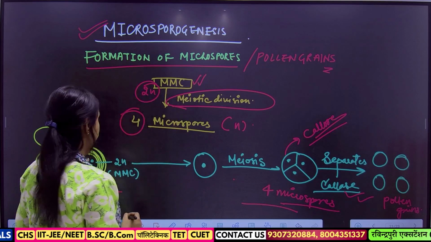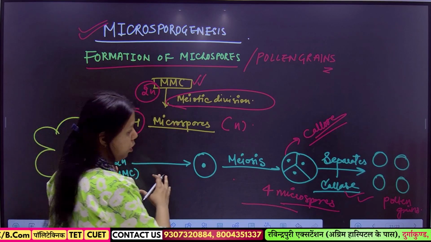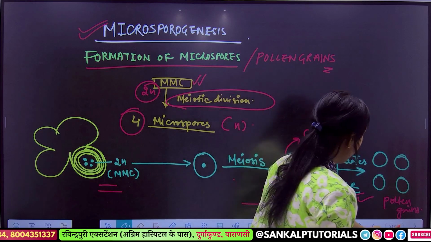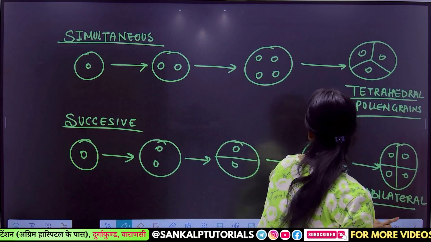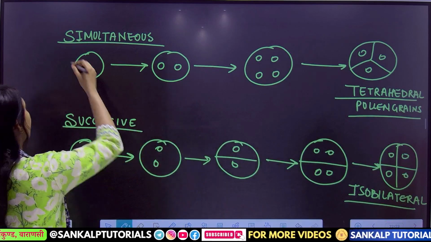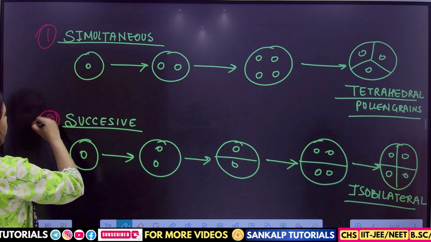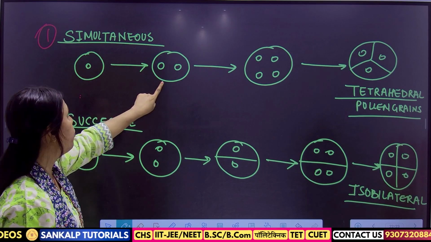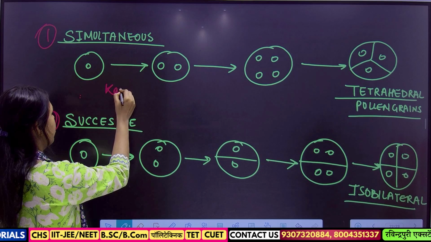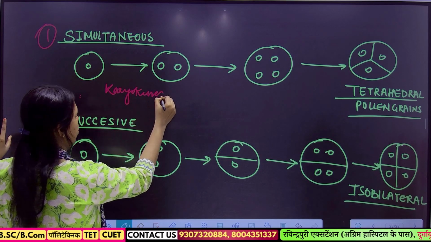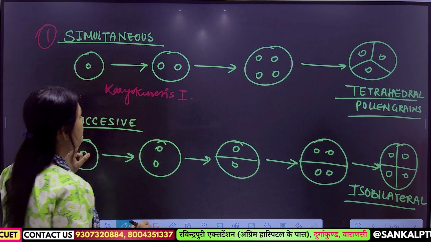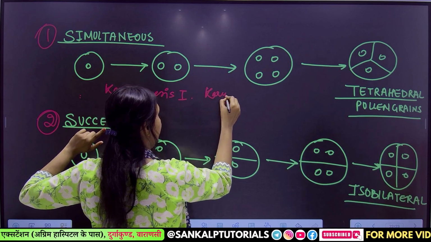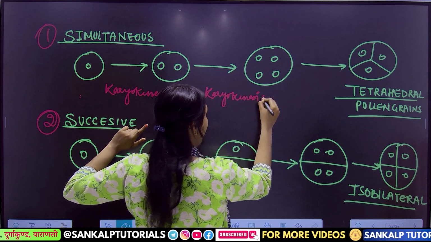In this nuclear division and cytoplasmic division, that is karyokinesis and cytokinesis, there are two types: simultaneous division and successive division. In simultaneous division, the nucleus is divided into two nuclei, that is karyokinesis 1, and these two nuclei further divide into four nuclei, that is karyokinesis 2.